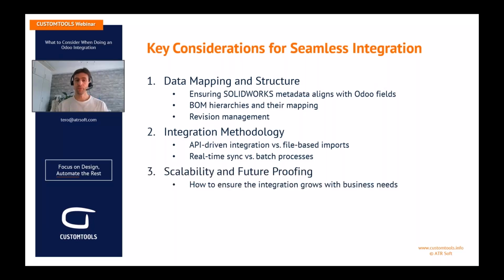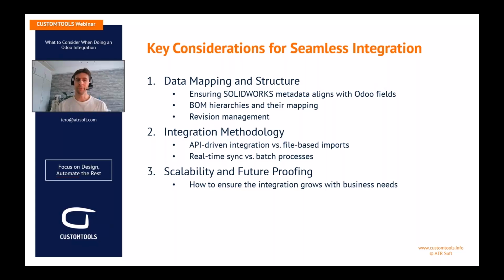Scalability and future-proofing are critical considerations when planning integrations or implementing systems like Odoo in manufacturing or other business environments. They ensure your systems can handle growth, evolving business needs, and technological advancements without disruption.